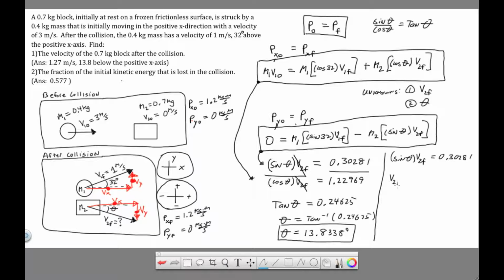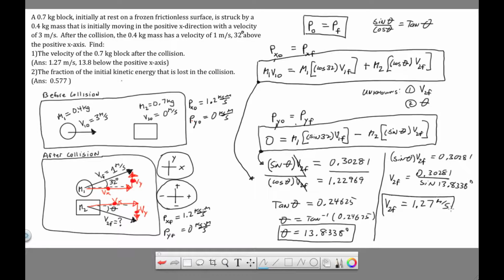So therefore V2F is equal to 0.30281 over sine of theta, and we now know theta is 13.8338 degrees, giving us V2 final as, I'll round this off, 1.27 meters per second.